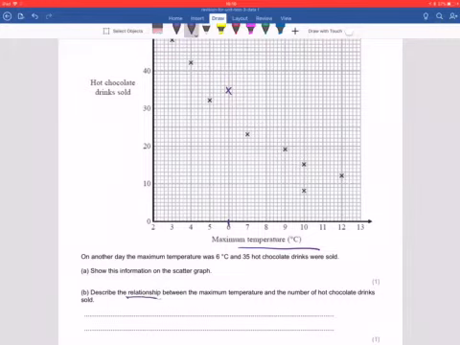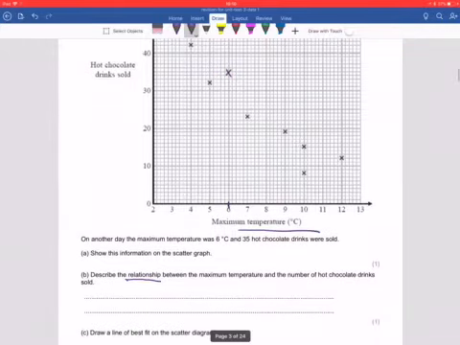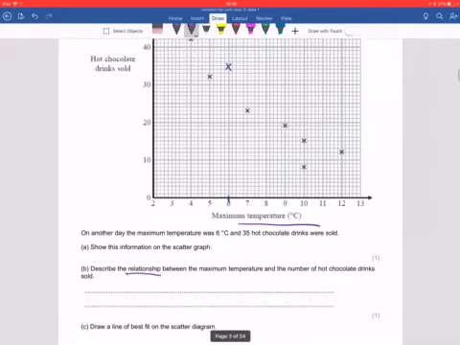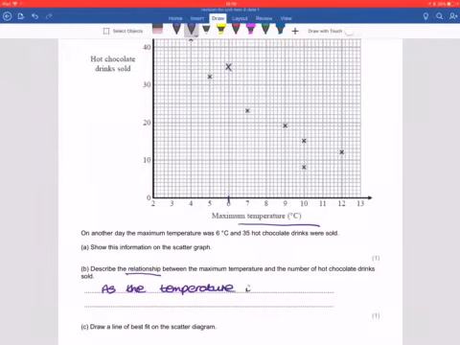Now, it doesn't say correlation like the last question, so it wants a sentence rather than negative, positive, etc. Okay, so the relationship is as the temperature increases, fewer drinks are sold.